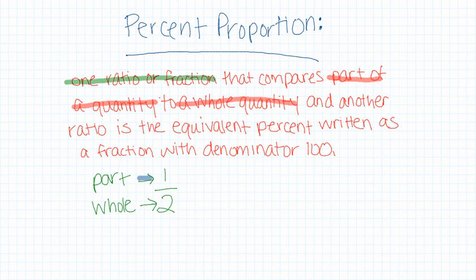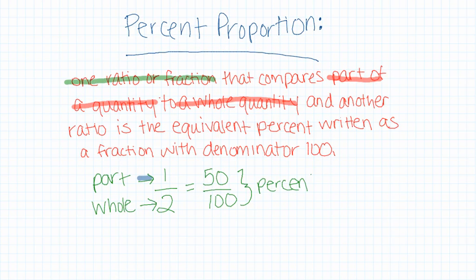All right, but now we still have another ratio to make. The next ratio we're going to make is the equivalent percent written as a fraction. So we have 50 over 100 because 1/2 is 50%. So this is our percent.